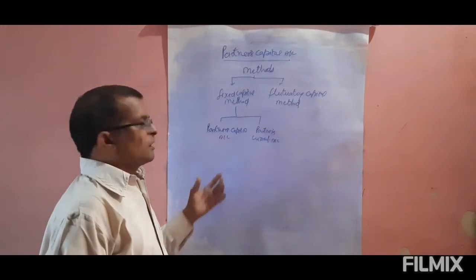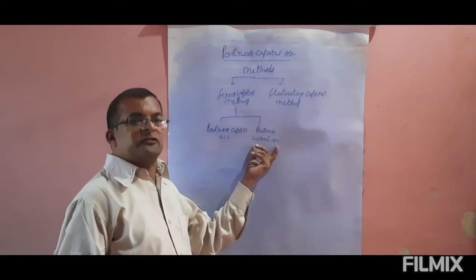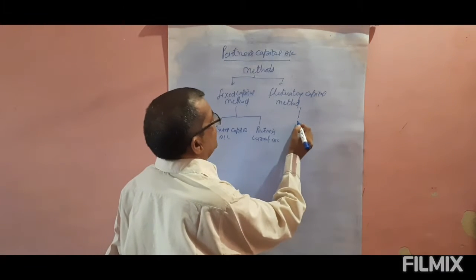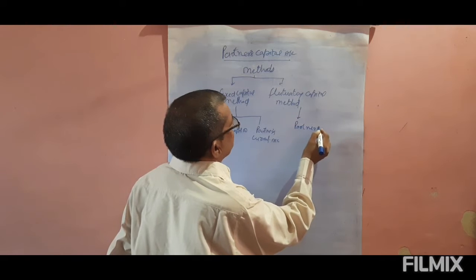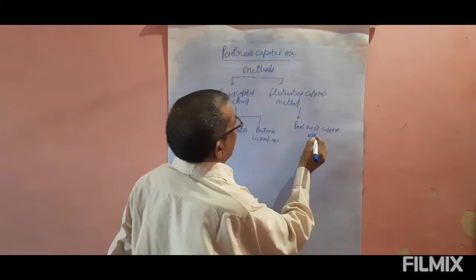The first account is partners' capital account, and the second is partners' current account. In the fluctuating capital method, only one account is prepared, that is partners' capital account.